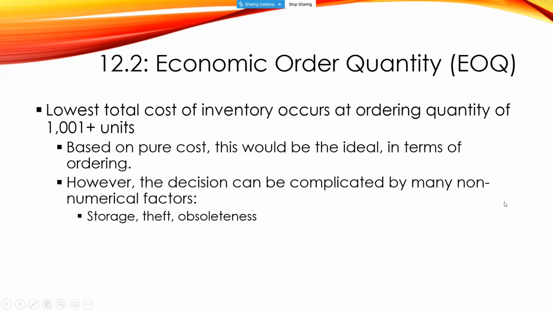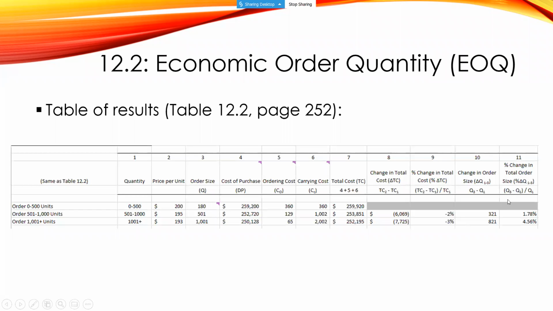We're looking at just the pure dollar amounts. And I reproduced the table here. It's kind of small on the screen, but this is the same table that was on page 252.